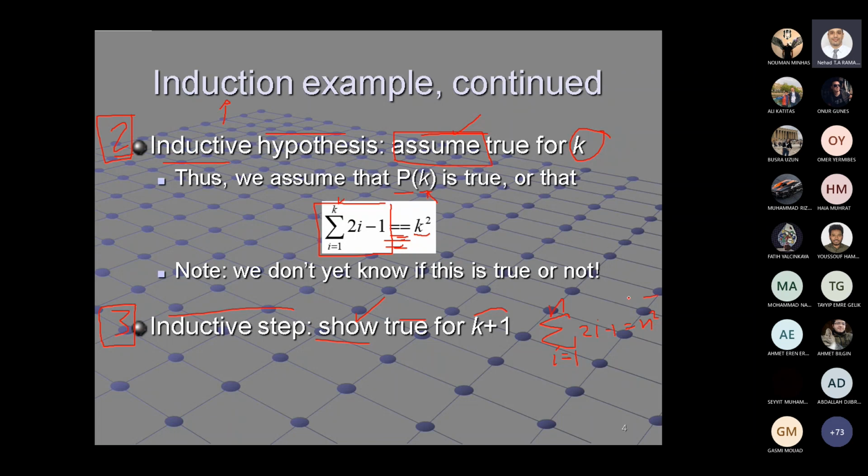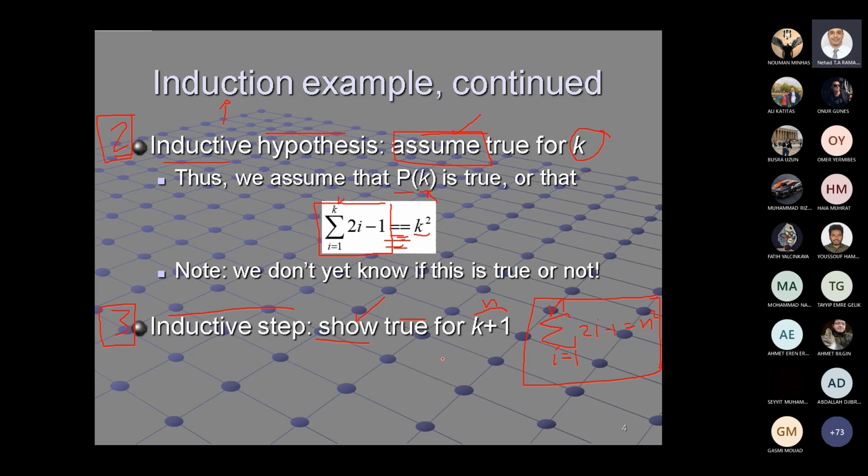This is the original equation, yes? Now, in this original equation, we will take n equal k plus 1. So this is the inductive step. We have to show that it's true for k plus 1.